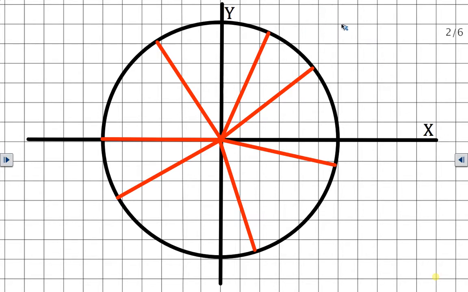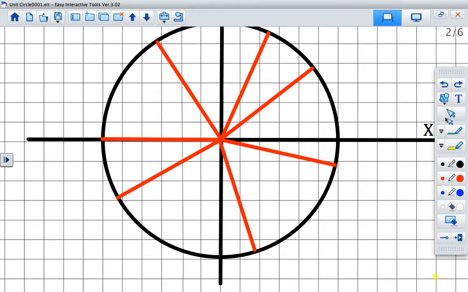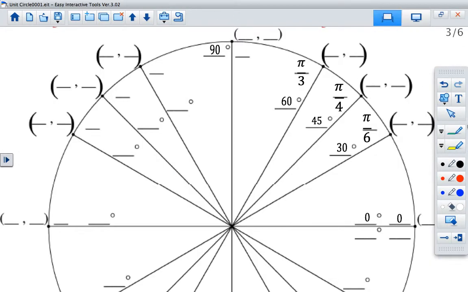And most of the time when you see a unit circle, you don't see a grid because there's so much other stuff on the unit circle to fill out and so much information that you have on the unit circle. And hopefully you guys remember how to convert radians and degrees, because on the unit circle there are 2 spots, 2 lines inside this circle to do the degrees and radians.